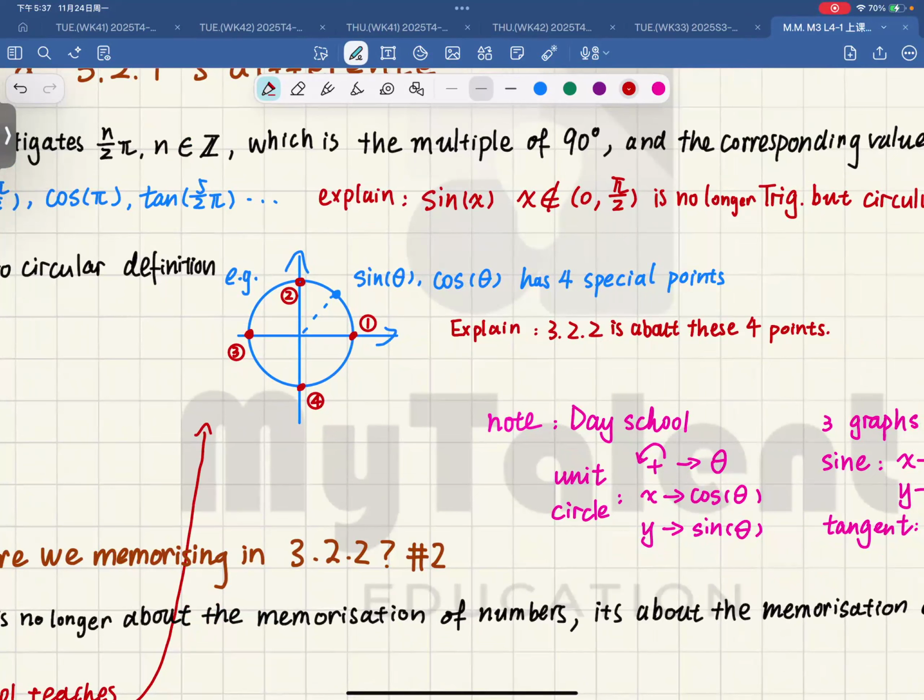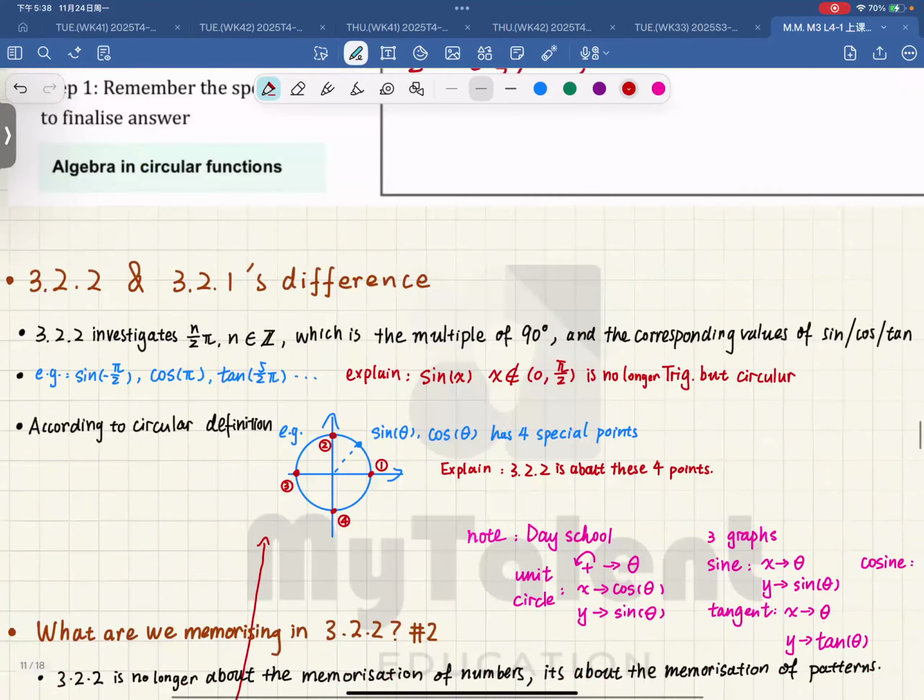Sine is about x or y? Sine theta is x coordinate or y coordinate? X.